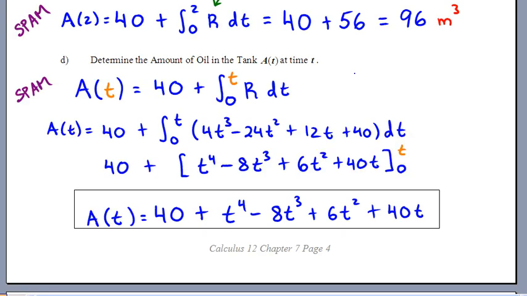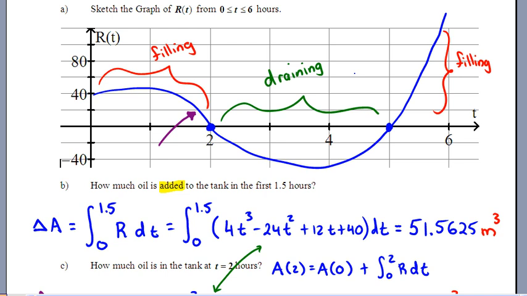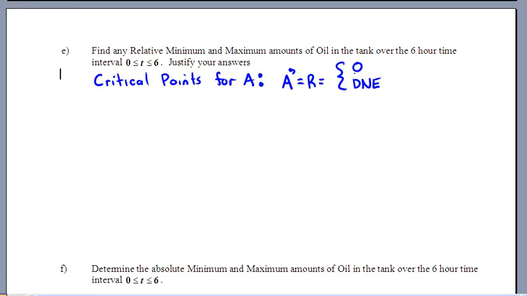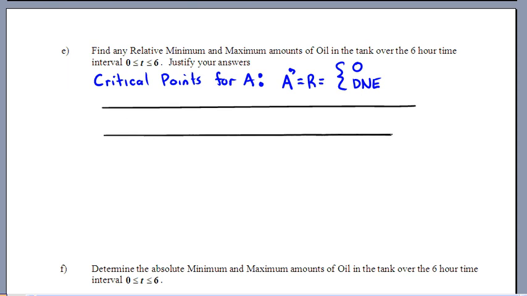Looking back, I can see that happened at 2 and at 5. So I could do my usual little game. I could make myself a nice little interval table with some time intervals where I can take a look at what's happening to the amount, especially if I had to justify answers for why things were minimums or maximums. This could be really important to have.